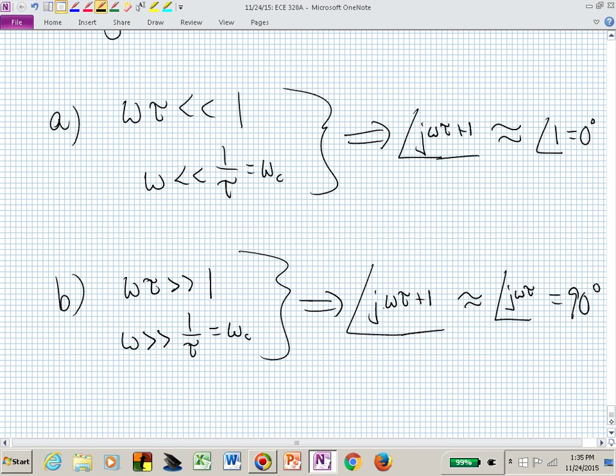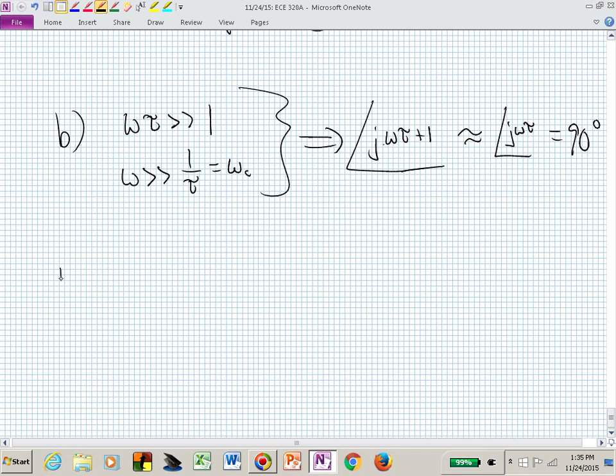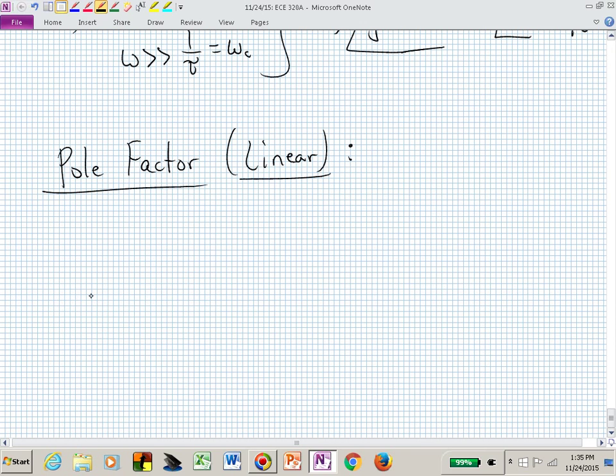So if I now have a pole factor that's linear, how do I sketch the phase plot? There's log of omega, and what 3 points am I interested in?